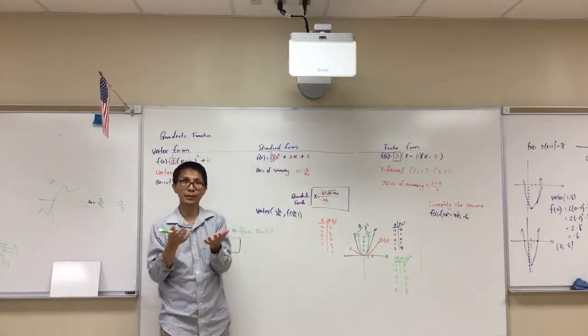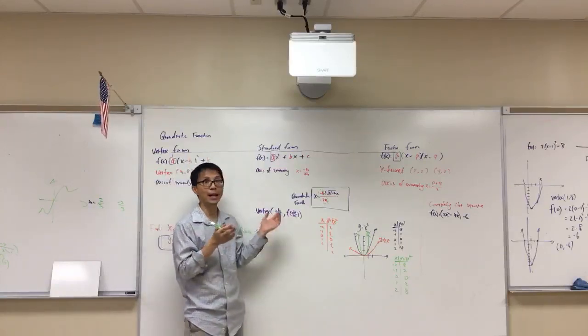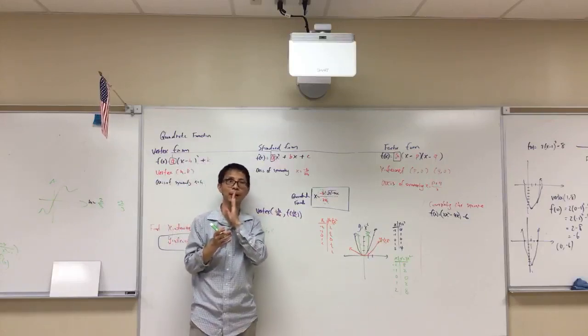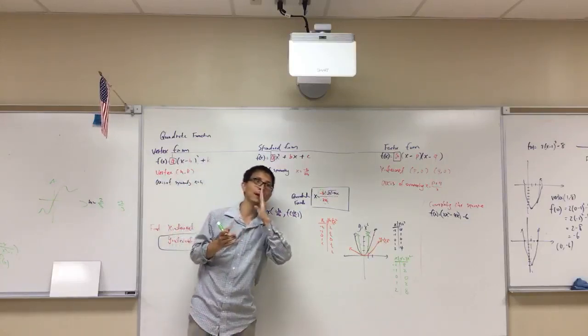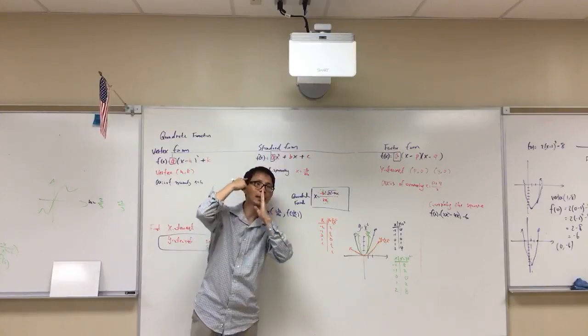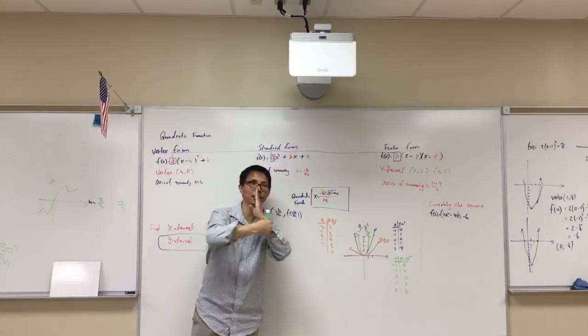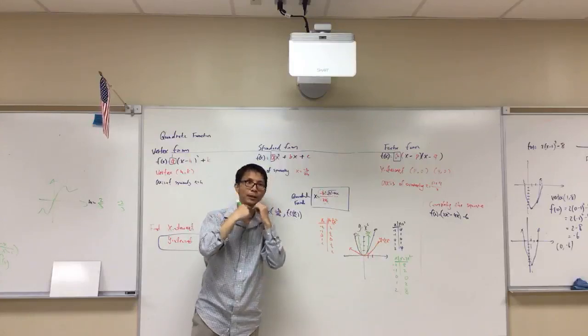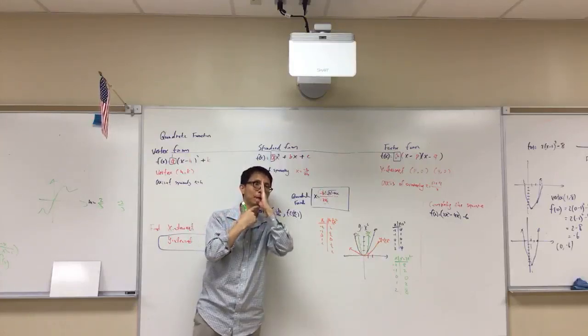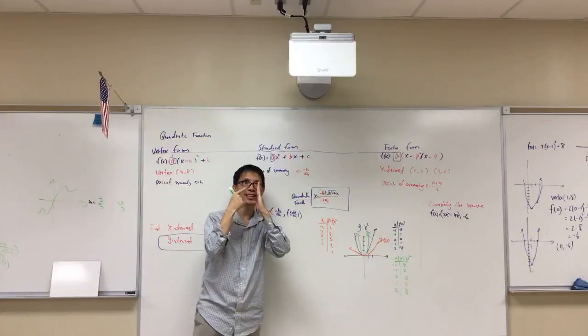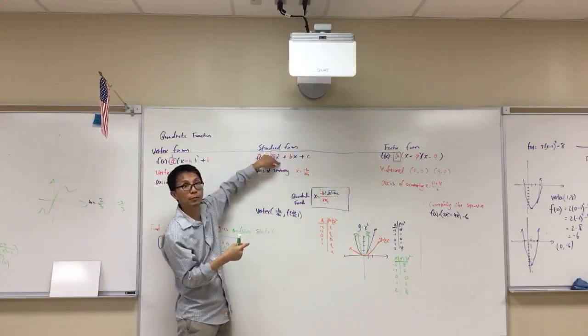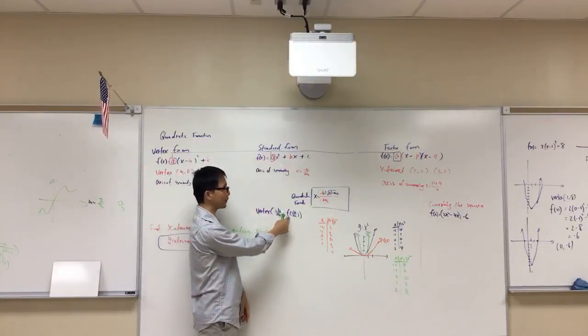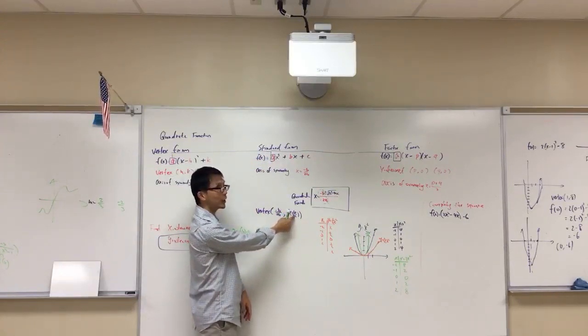So if I know my axis of symmetry is right here, my face is right here, then I can figure out where my chin is if I plug that x value into the original function. That's why f of negative b over 2a gives you the y value of the vertex.